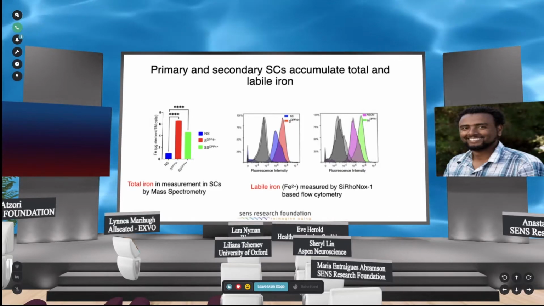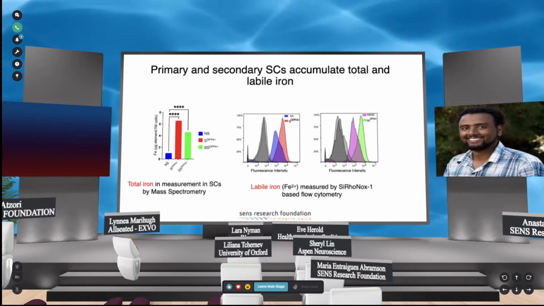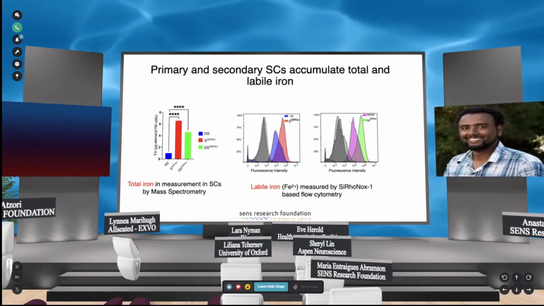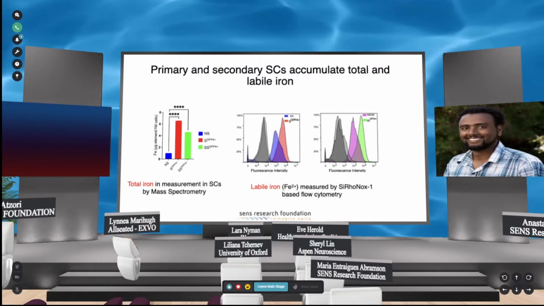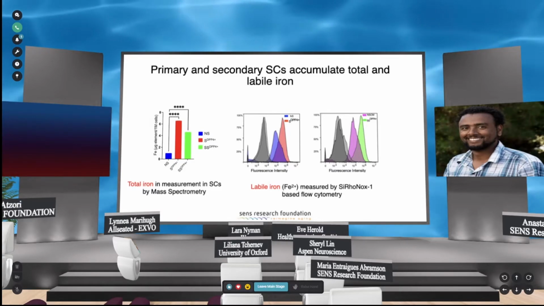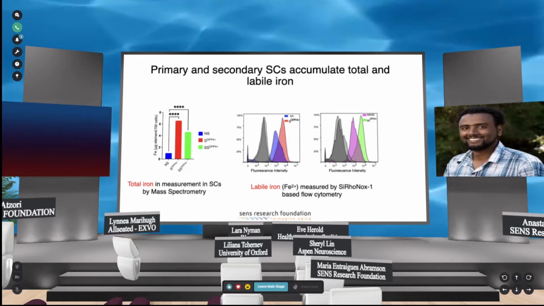What we found is that the red one is primary senescent cells, and green is again secondary senescent cells. The shift towards the right indicates more iron accumulation. So generally, both primary and secondary senescent cells have high labile iron accumulation compared to their non-senescent controls.